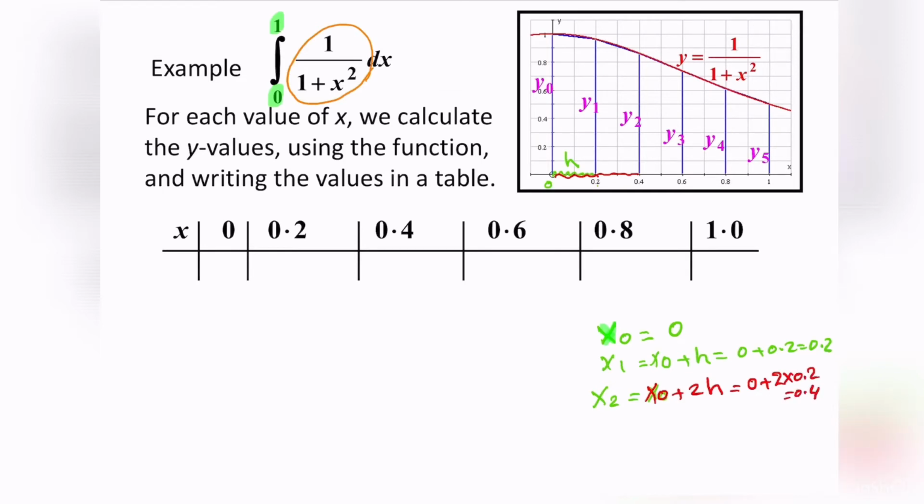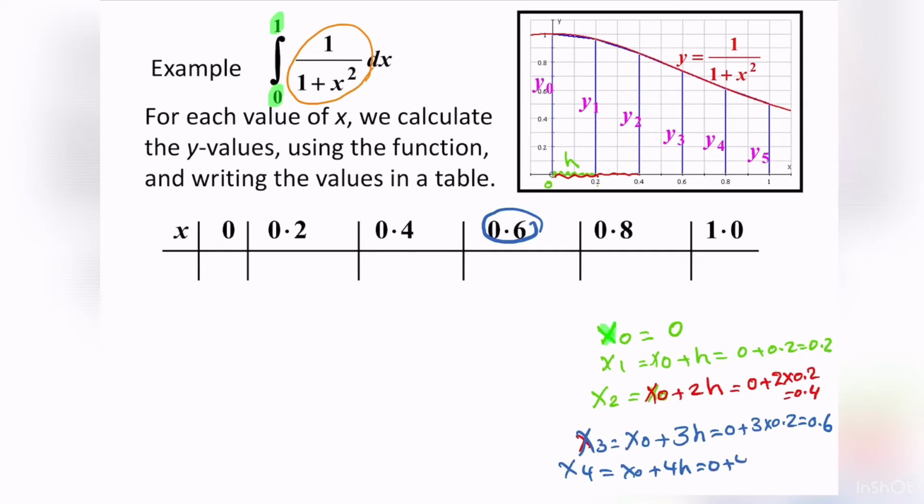Okay, and the third value, which is x3, is x naught again, plus how many h? 3 of them. So plus 3h, which means 0 plus 3 times 0.2, which is 0.6. So that's why we got 0.6 here. And then same thing, x4 is x naught plus 4h. So that's 0 plus 4 times 0.2, which gives you 0.8.